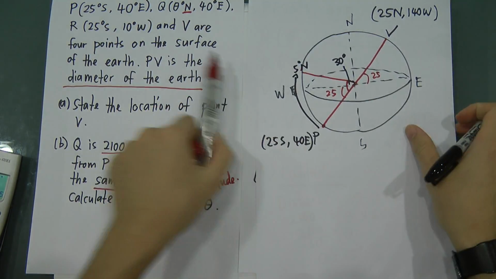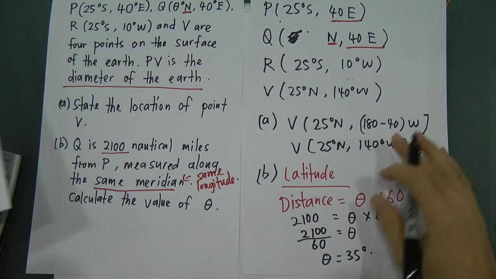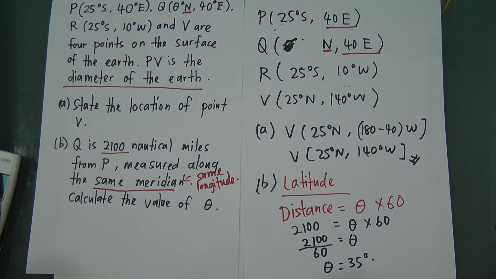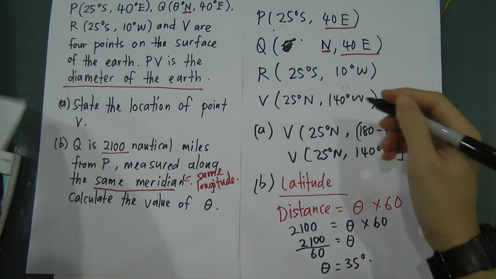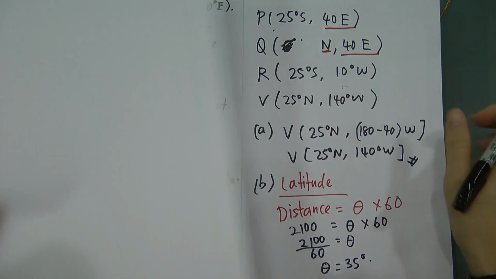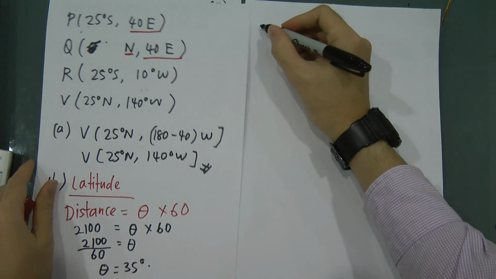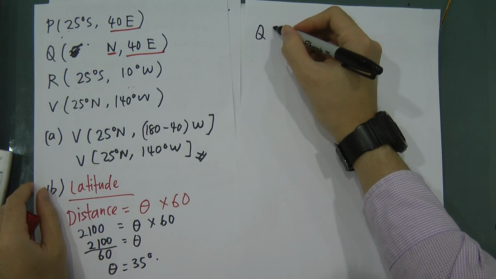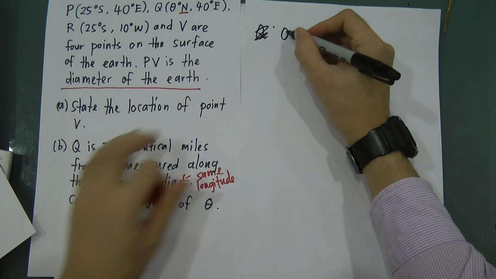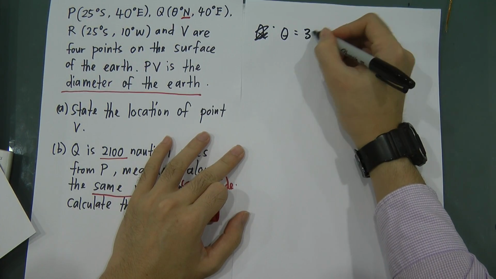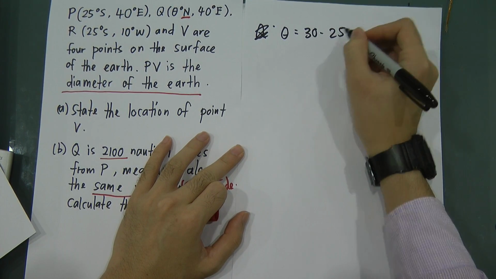Alright, so if you understand, this is actually quite simple. Okay, if you need to write the things down, what you can do is, you can write like this. For Q, okay, this is for Q. Just equals to, or you can straight away write angle, because here it asks for the angle value. Angle will equal 30 minus 25.